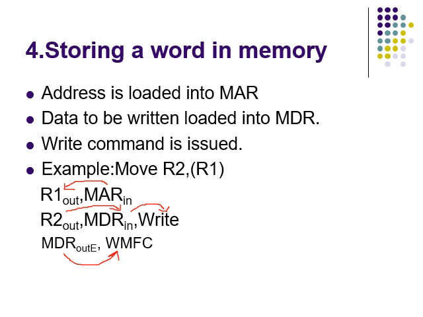As in the case of a read operation, the write control signal causes the memory bus interface hardware to issue a write command on the memory bus. The processor remains in step 3 until the memory operation is completed and the MFC response is received. So this is step 1, this is step 2 and this is step 3.